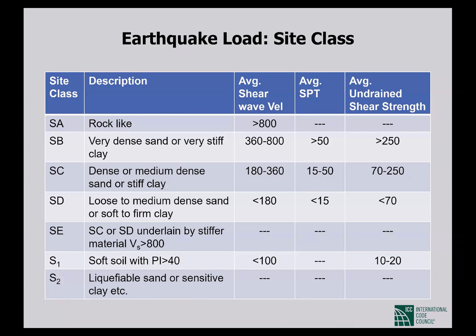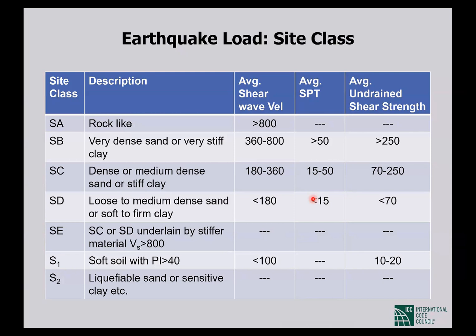But in the previous version of the code, the soil classification was based mainly on SPT values, standard penetration test values. But this time you'll see that in many cases we have to depend on average shear velocity, or we can use either N values or average shear velocities.